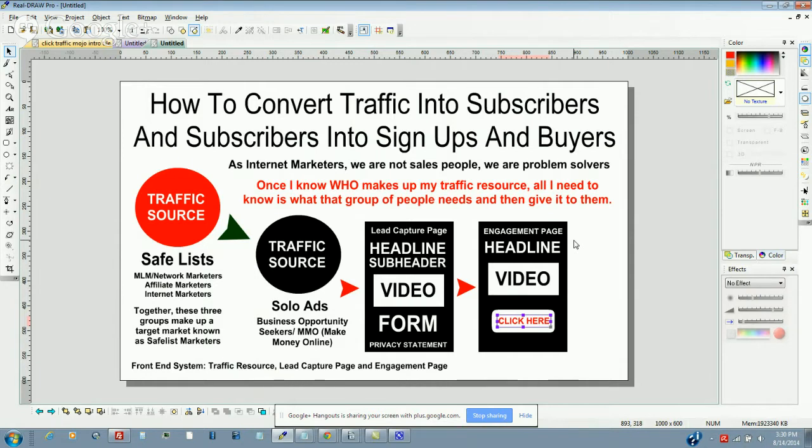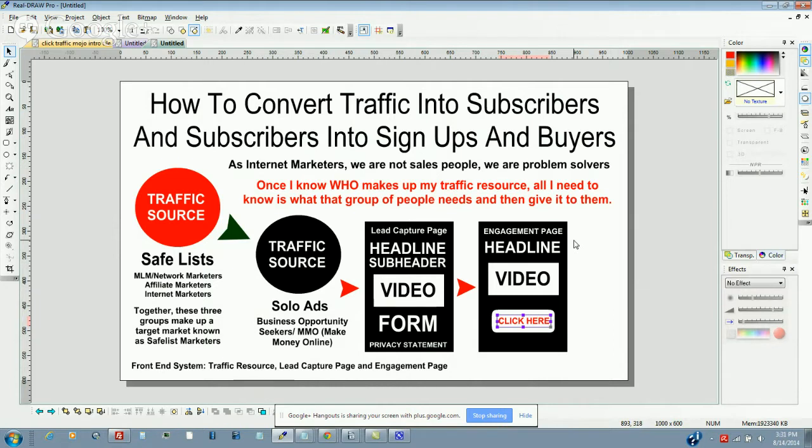This is for people that care about people and want to do things the correct way. Not for people that are looking for shortcuts, not for people that are looking for swipe copy, not for people that are looking for other people to do things for them. This is for people who want to be financially free.